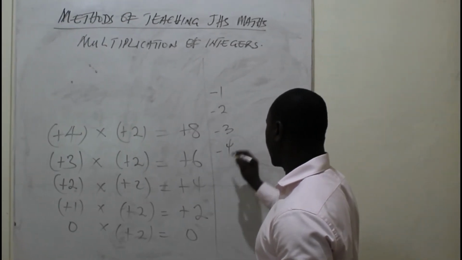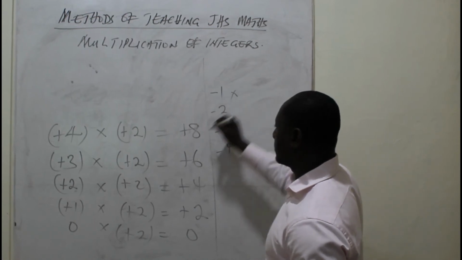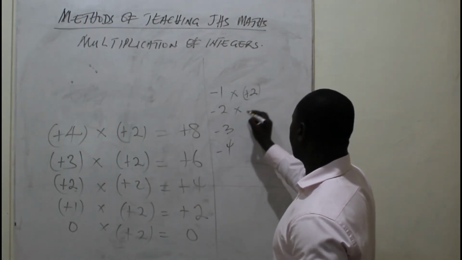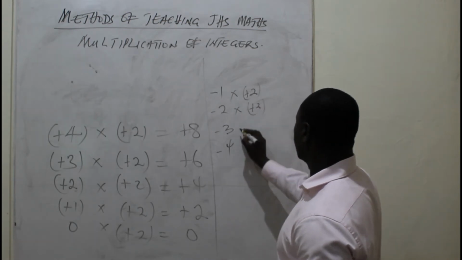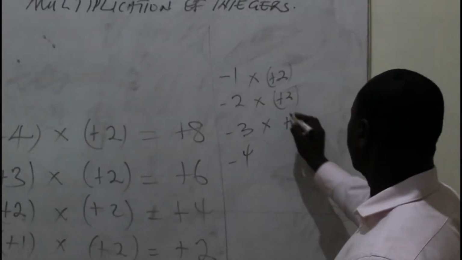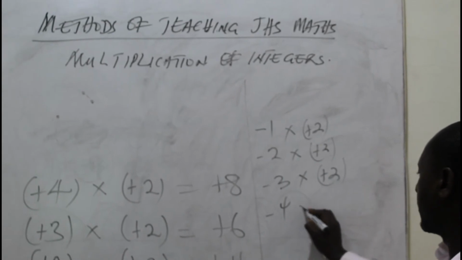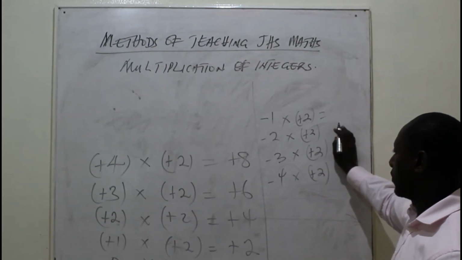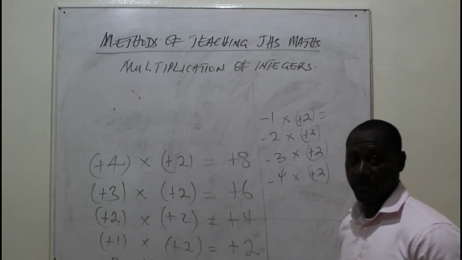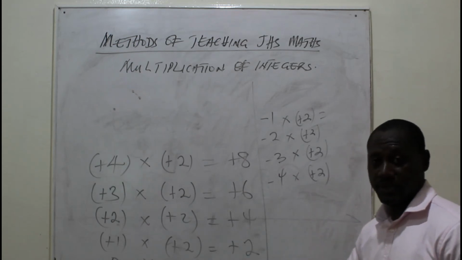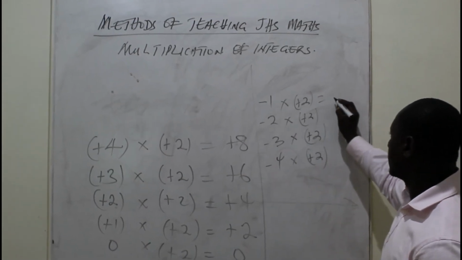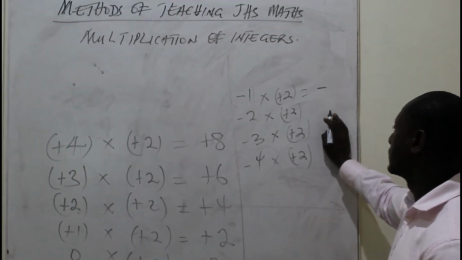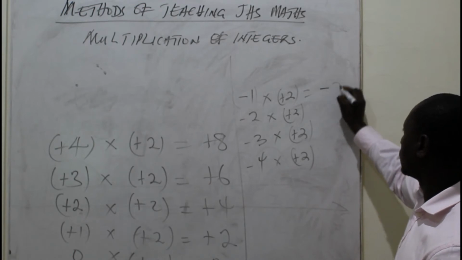I'll come to negative 4, and so forth. And I am multiplying by positive 2, by positive 2, by positive 2, and then by positive 2. So they will notice that from the 0, they are heading towards the negatives. So this one is going to give them a negative number, which is of course going to be negative 2.